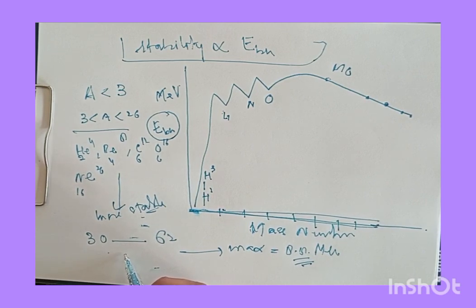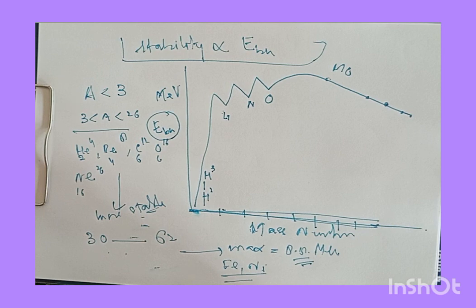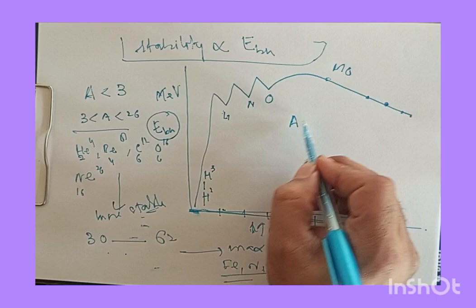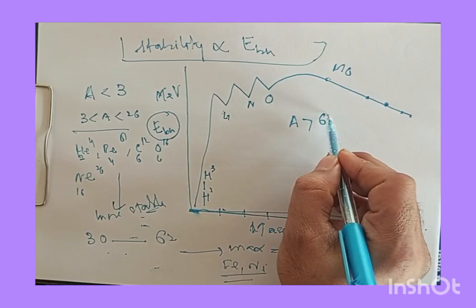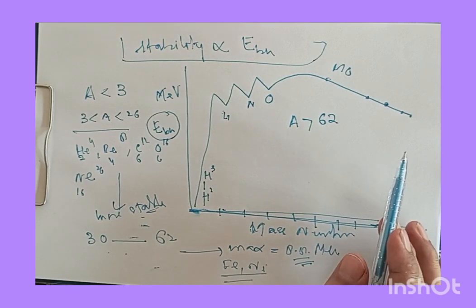And this is why iron and nickel are stable nuclei, because their binding energy per nucleon is extremely large. For nuclei whose mass number is greater than 62, binding energy per nucleon gradually goes on decreasing.